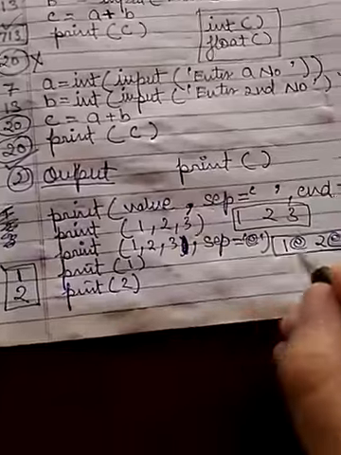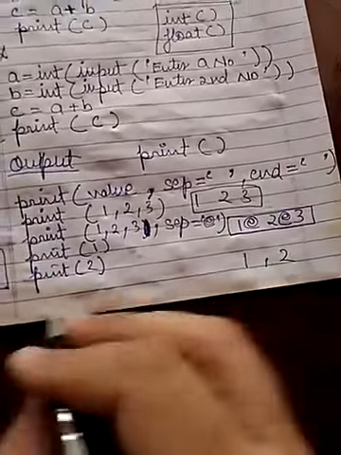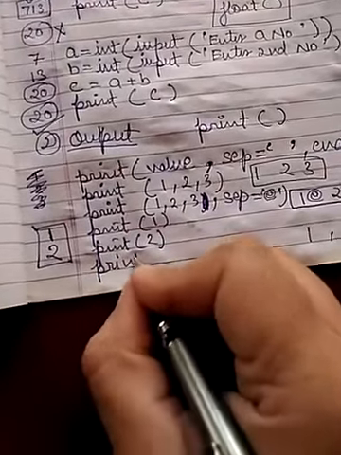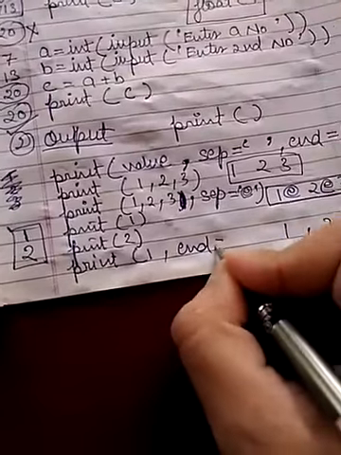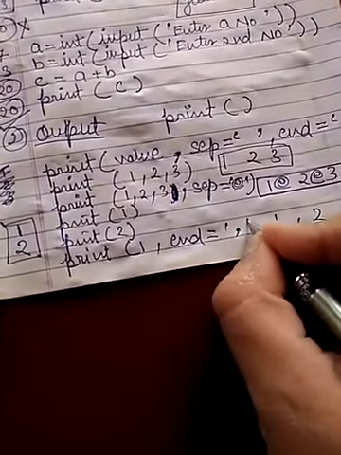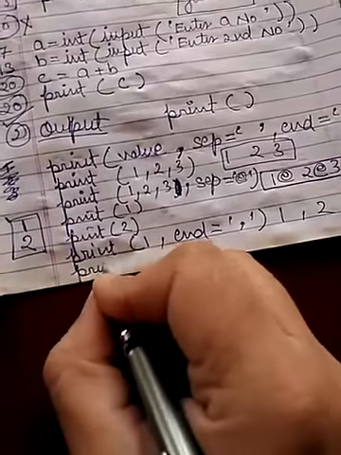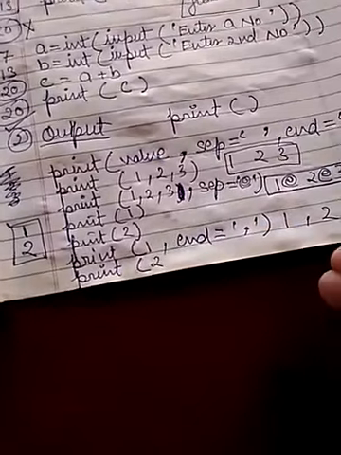But if I want the output to come as 1, 2, then I would write it in this way: print 1, comma, end, comma, print 2.